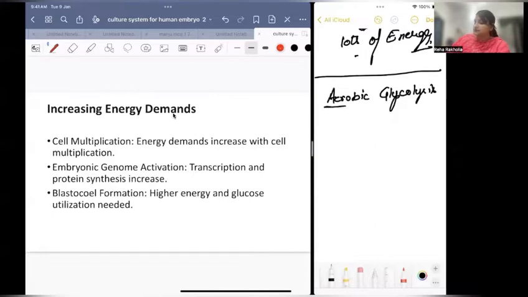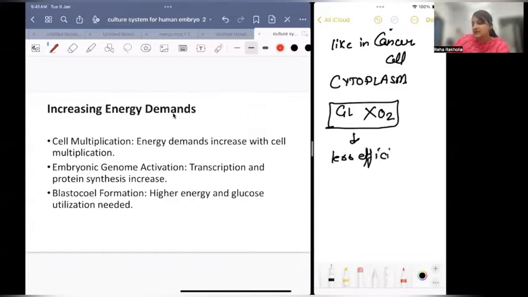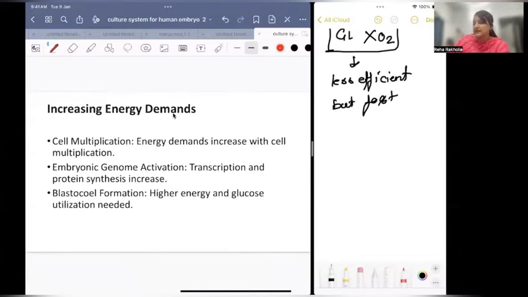First of all, like in cancer cells, it happens in the cytoplasm. Breakdown of glucose without using much oxygen. Oxygen is not being used much, but there is glucose breakdown. It is less efficient, but very fast. That's why there is accumulation of lactate.